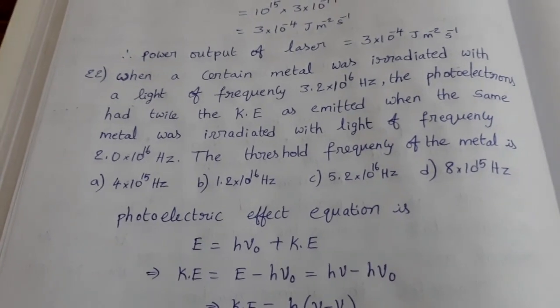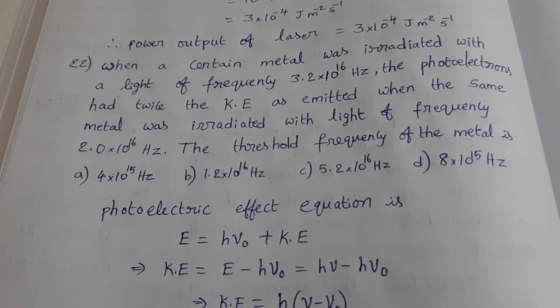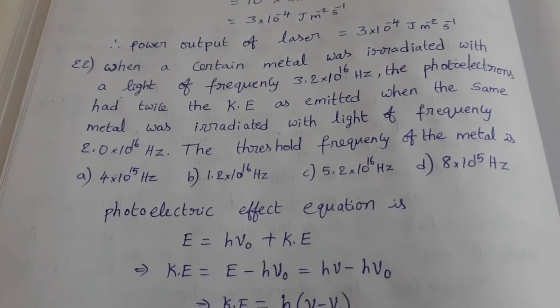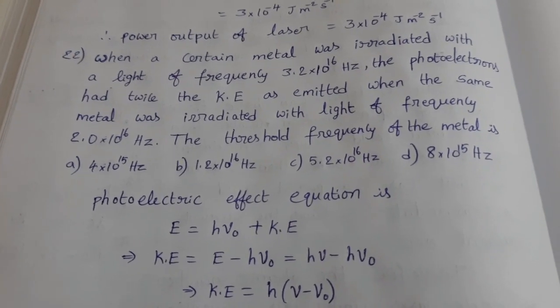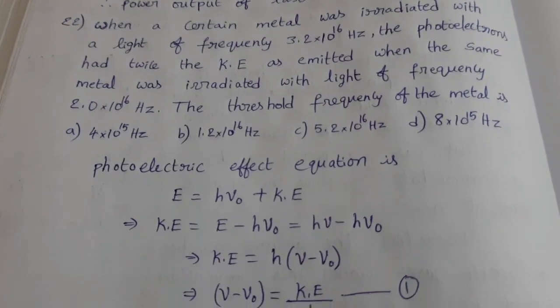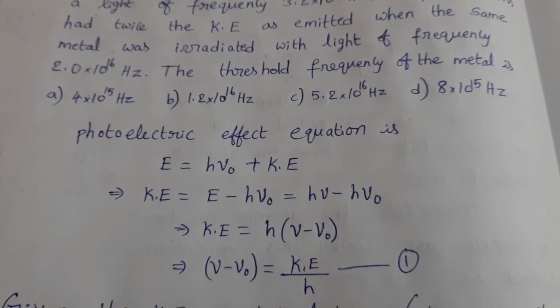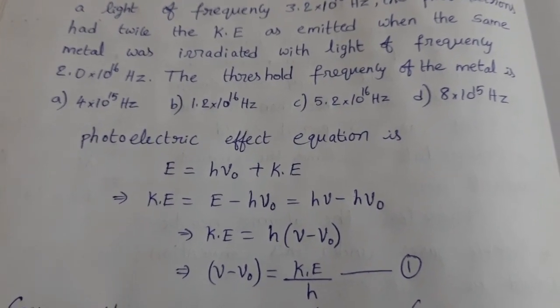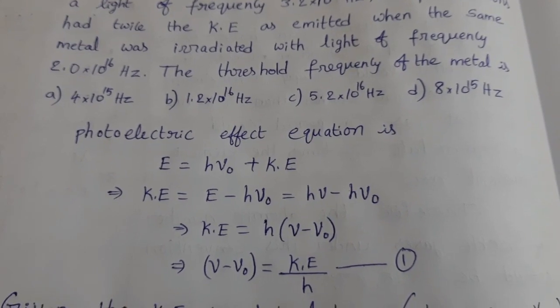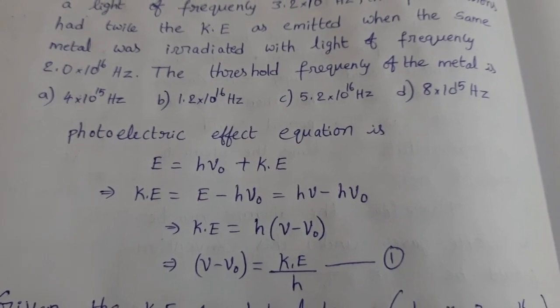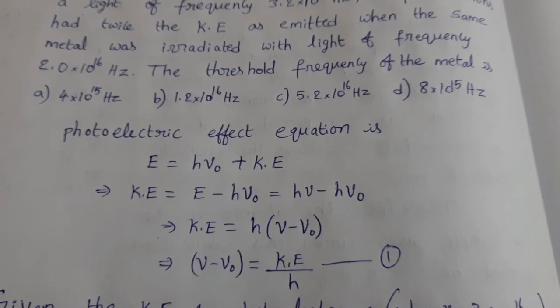See this photoelectric effect equation is E equal to h nu naught plus Ke. E means h nu, and from this finally we can get nu minus nu naught equal to Ke divided by h. Nu is the frequency of the incident radiation, nu naught is the threshold frequency, Ke kinetic energy, h Planck's constant.